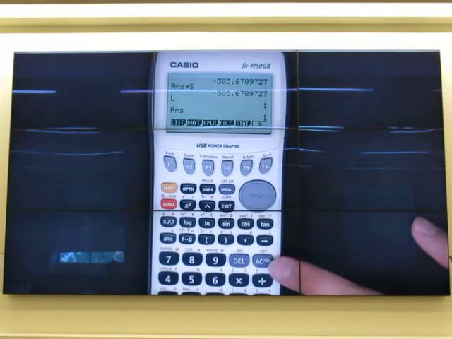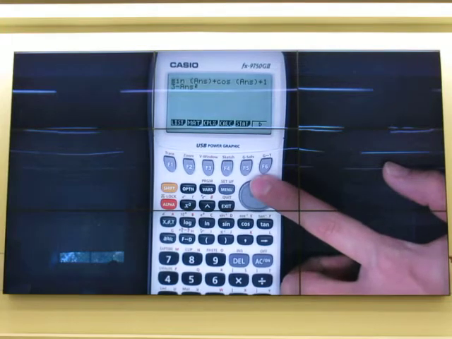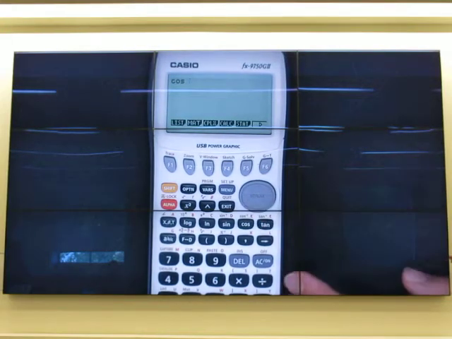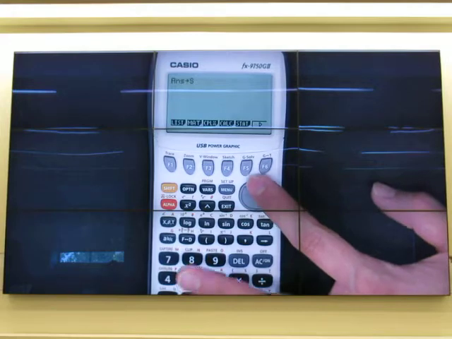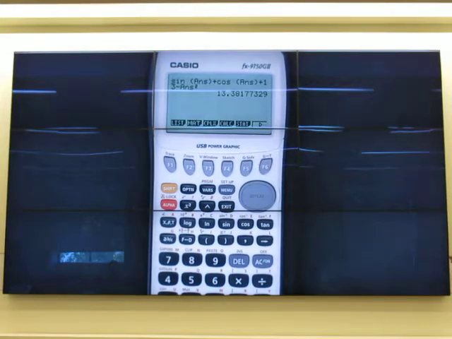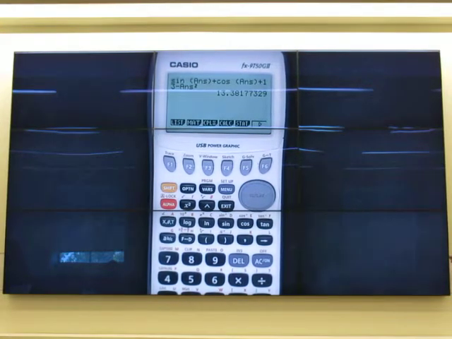So I press AC again and then I up, press ANS, then I can evaluate my value at 1, right? You see, that's a quick way of using your calculator. But first time when you type equation, you have to type, instead of x, you have to type ANS. And you store the value into L, store the value into R, and then keep updating. It will be slow, maybe I don't ask you to do many times.